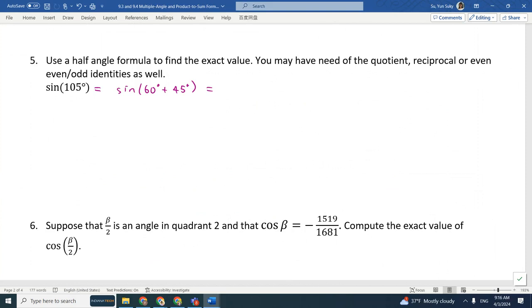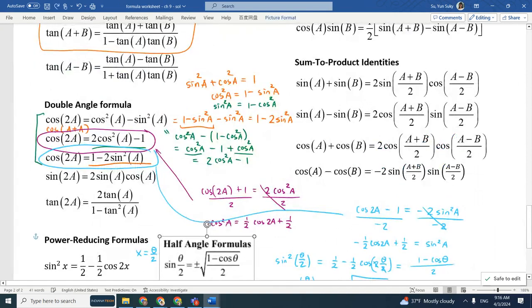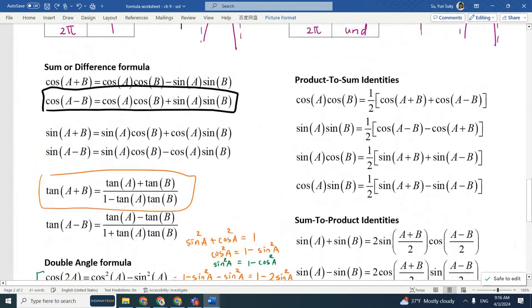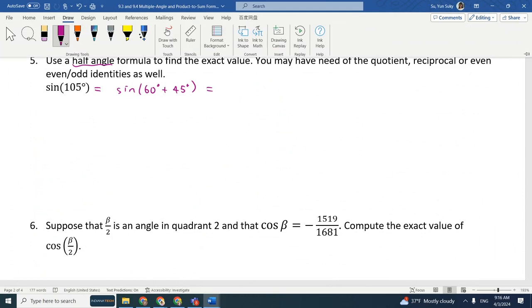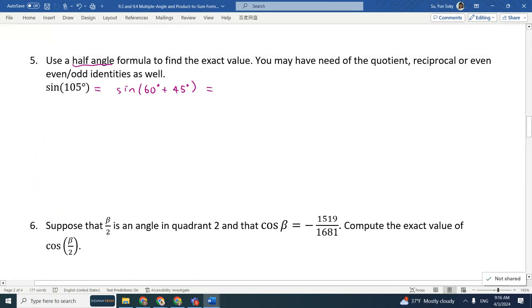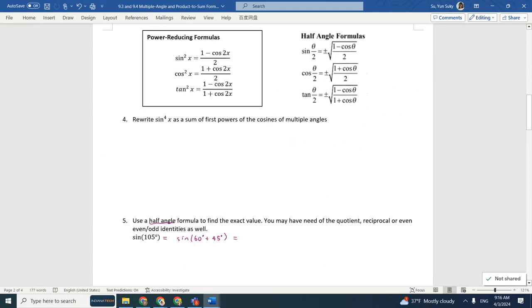Everybody understand what I'm talking about? One way is to use sine of a plus b, and you plug in this formula. That's one method. But now, because the problem says use the half angle formula, let's use a different way.